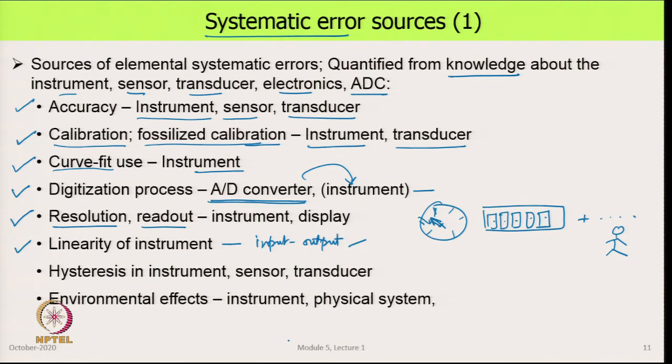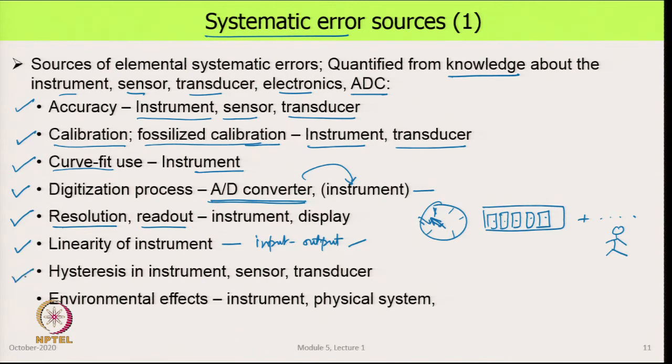It could also be the case that the transducer, sensor or the instrument is inherently not 100% linear, it has some non-linearity in it. So, how do we correct for it? We expect that it is a linear behavior, but it is not behaving like that. We estimate the error, and that is the error due to the linearity of the instrument.